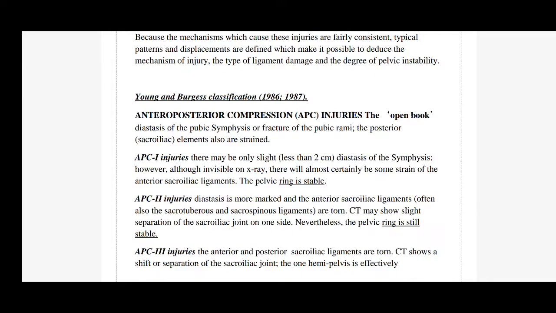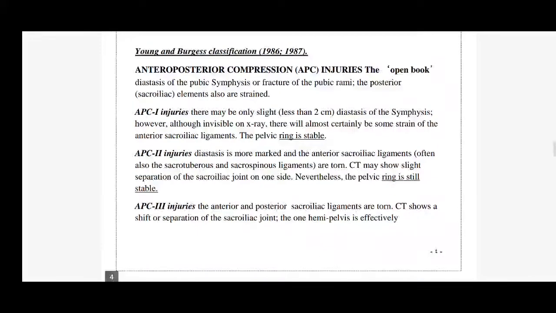Anterior posterior compression type 1 means only slight diastasis of the symphysis, less than 2 cm, although sometimes invisible on X-ray. There will almost certainly be some strain of the anterior sacroiliac ligament. In this type, the pelvic ring is stable. Anterior posterior compression type 2 injuries mean diastasis is more marked, with the anterior sacroiliac ligaments, and also the sacrotuberous and sacrospinous ligaments, torn.